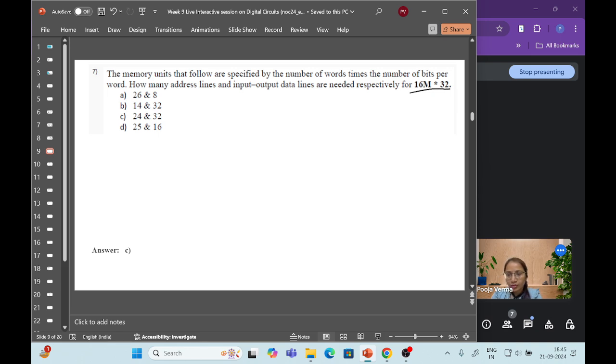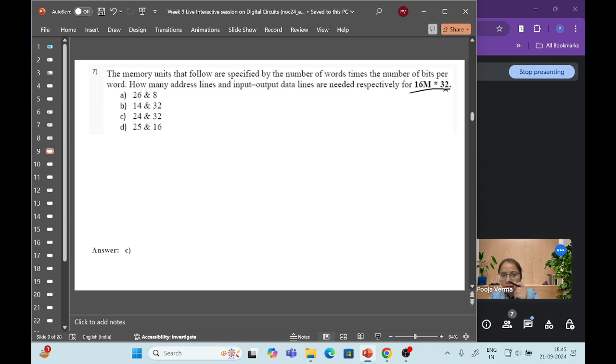Okay. So the question says the memory units that follow are specified by the number of words times the number of bits. That means one is the number of words and the other is the number of bits stored in each place.